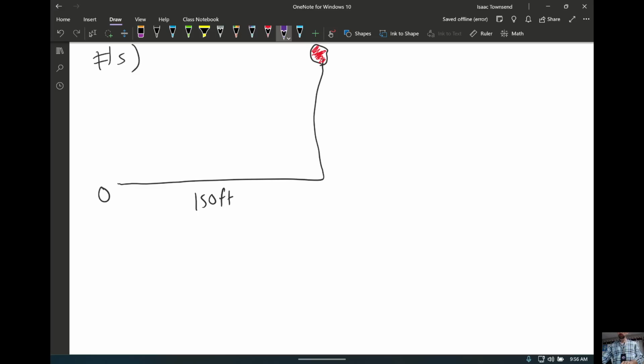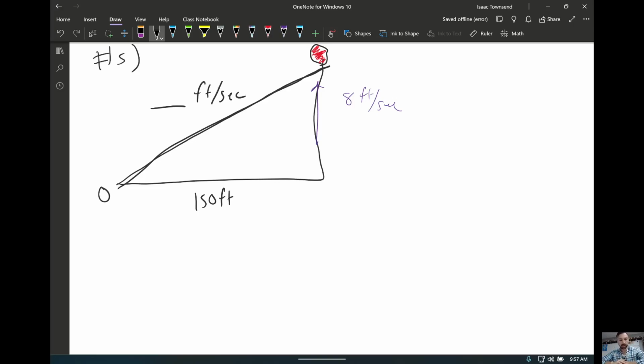If the balloon goes straight up at 8 feet per second, how fast is the distance from the observer to the balloon increasing? So that would be this. Straight line represents how far you are away from something when the balloon is 50 feet high.